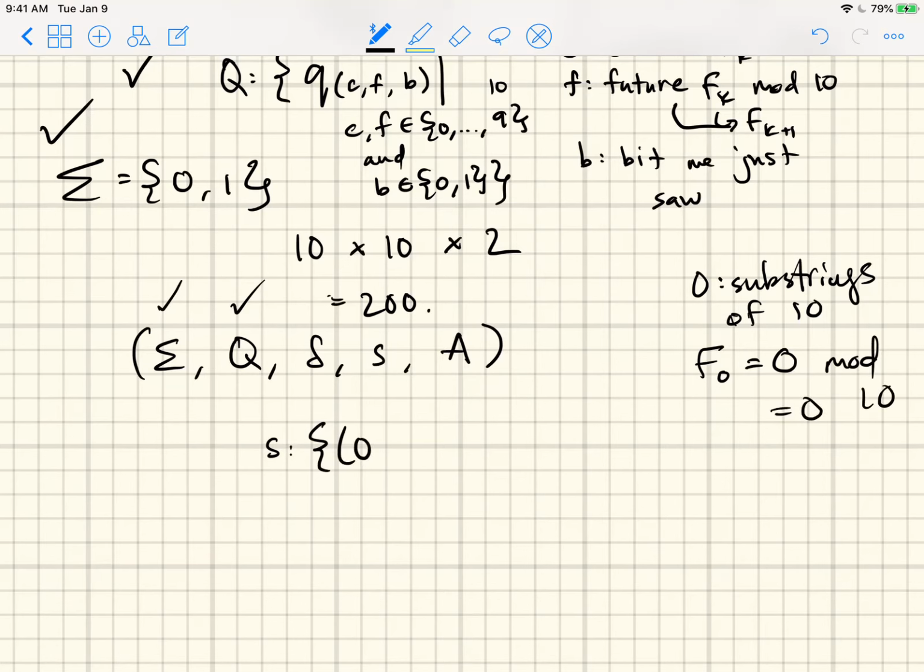So that's what my current Fibonacci place is. Then we know the second place has to be F1 mod 10. So I'm going to call this C0. This is F0, and then this is B0.